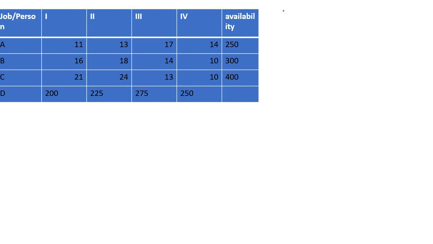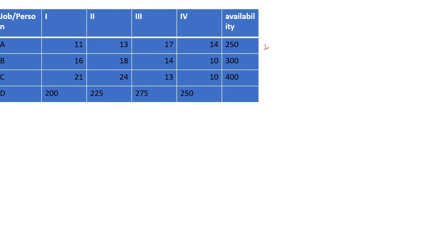To find the IBFS, for each and every row and column we choose the least two numbers. In the first row, 11, 13, 17, 14, the least two numbers are 11 and 13, so the difference is 2.